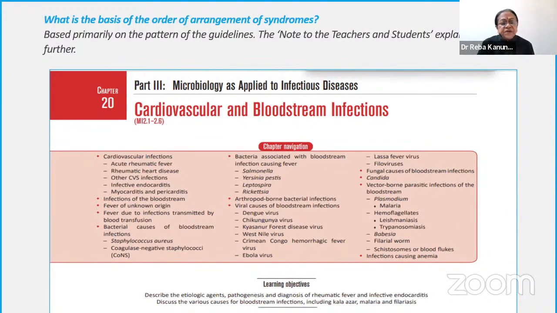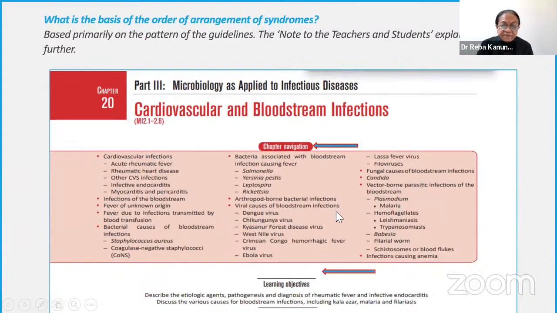Now, going to the syndromic approach, how have we arranged this chapter? As you can see, in the beginning of the chapter there is a chapter navigation, which shows what are the systems which are covered, and what are the organisms that are associated with infections in these.